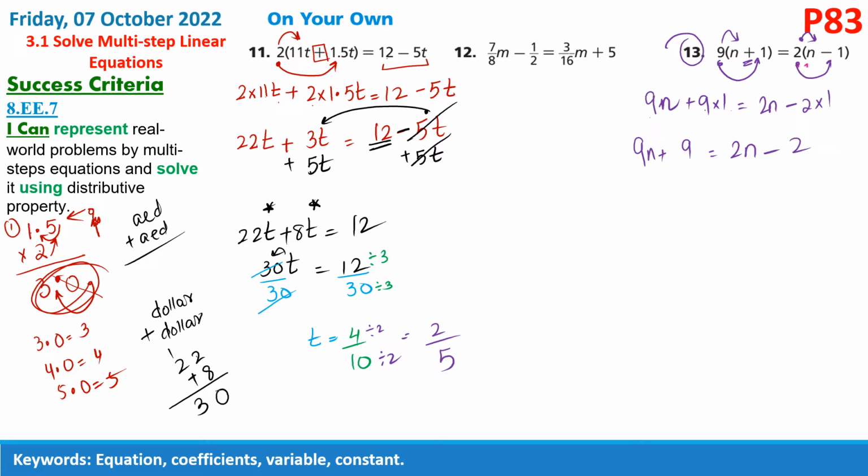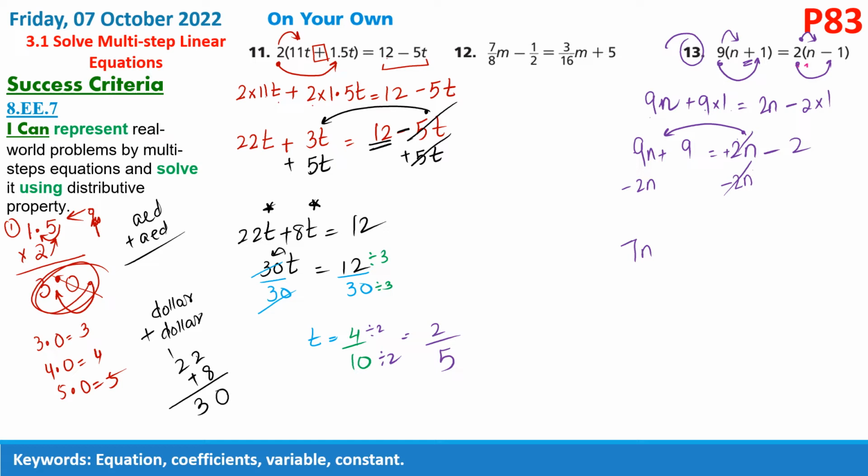Okay. Now, all n together. So, bring this here. What is happening here? Plus 2n. You do the opposite, means write minus 2n. What you write here, here also you write. So 2n, why we do? Cancel. Now 9n minus 2n, 7n.